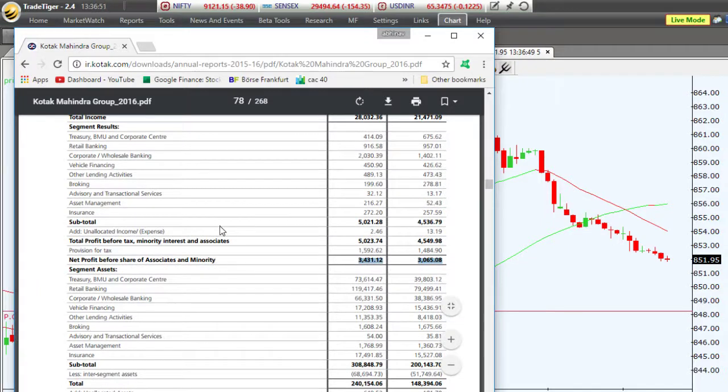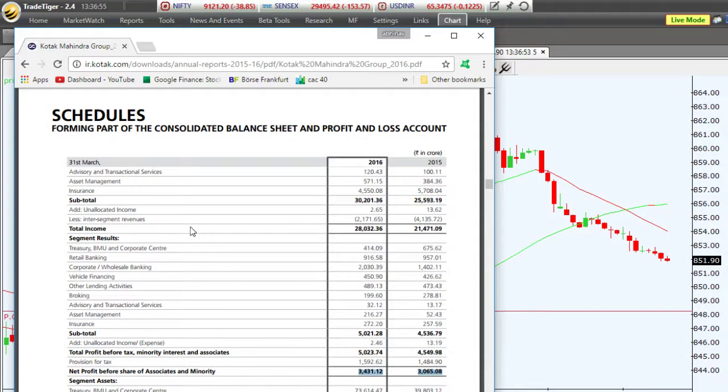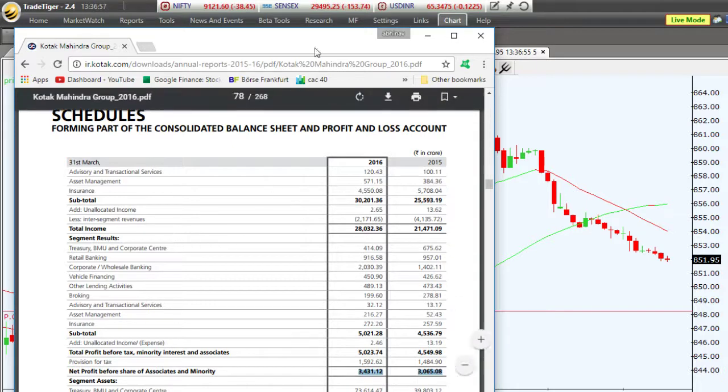Analyzing these, we can determine how good the company is doing.